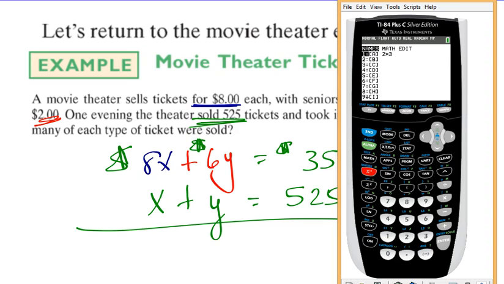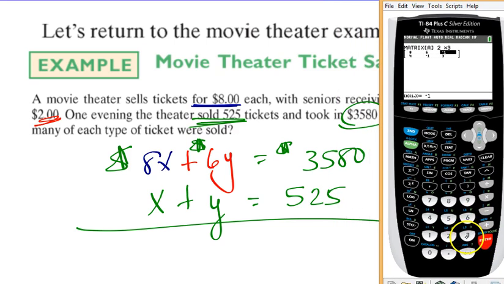Going back to second matrix, editing, again it's a 2×3. The coefficients are 8, 6, and 3580. Then 1, 1, 525.